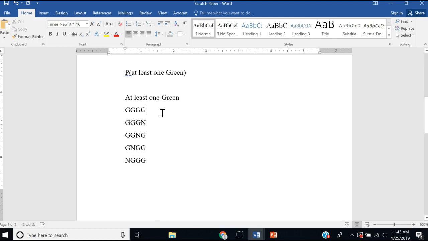Now, at least 1 green, that's not all the ways to get at least 1 green. We could have gotten 2 greens, which would have been at least 1 green. And we could have gotten those 2 greens right up front. We could have gotten those 2 greens in the middle. We could have gotten green, non-green, green, non-green.